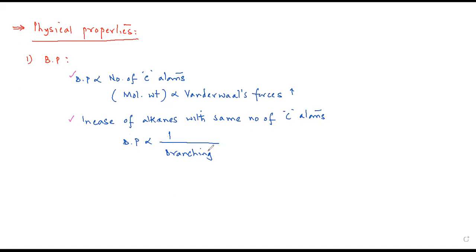But why? You know, as branching increases, surface area decreases. We'll give you an example.